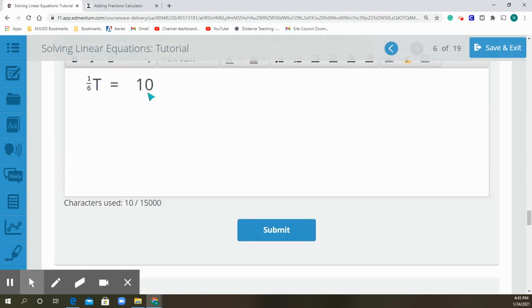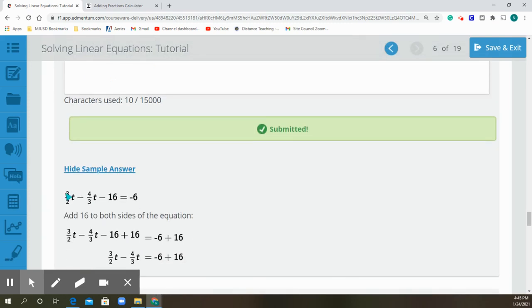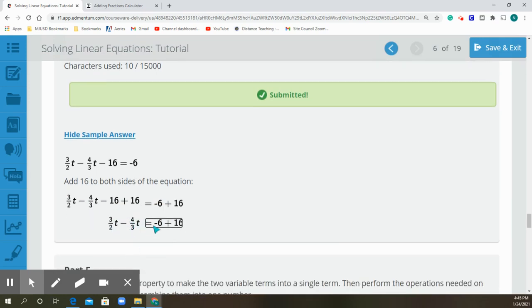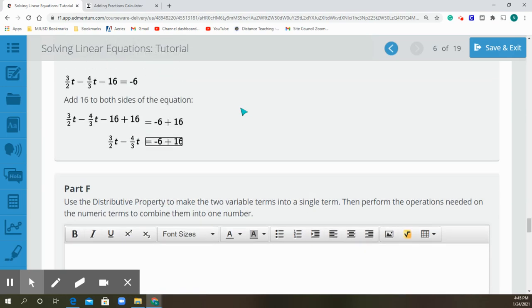There's another way they want to do it. They want to show it with all the variables on the one side and all the numbers on the other. So I've just done these steps as we go. That's all. It says use the distributive property to make the two variable terms into a single term.